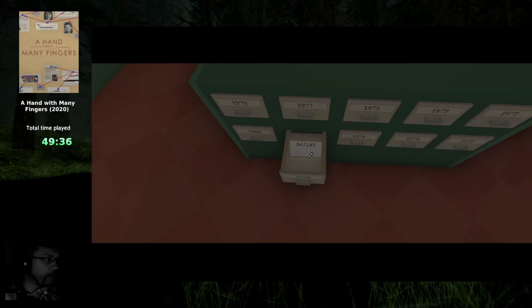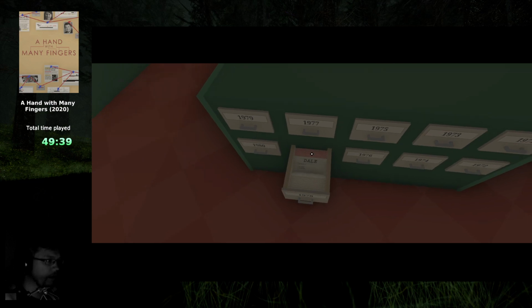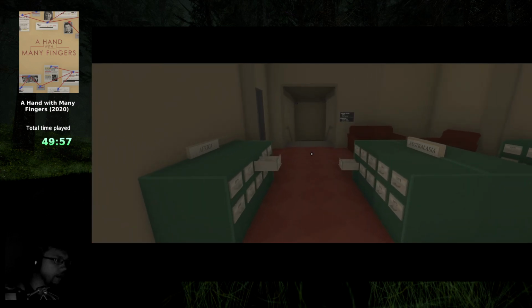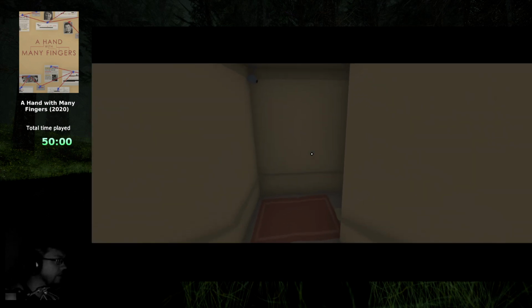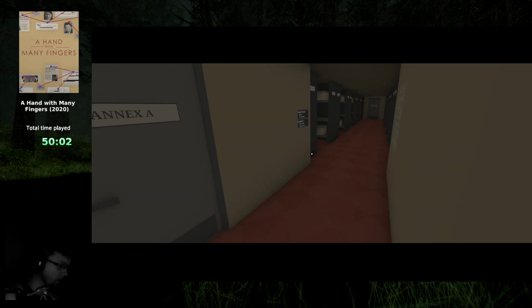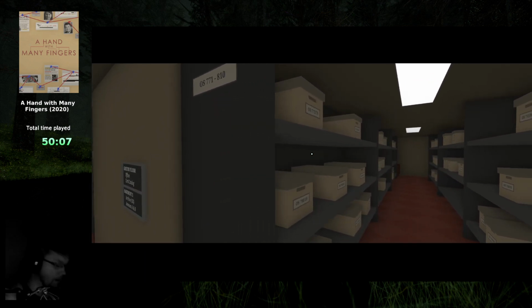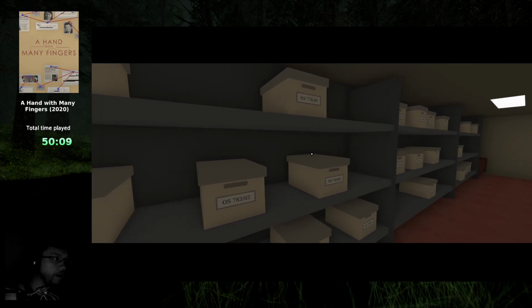Alright, we haven't touched the Middle East stuff yet. 16115, we've just seen that. 80284 sounds familiar. Yes, we have checked both of these. Damn it. Anyway, we have one box that I haven't looked at yet that I have a note of. 786. And 95.